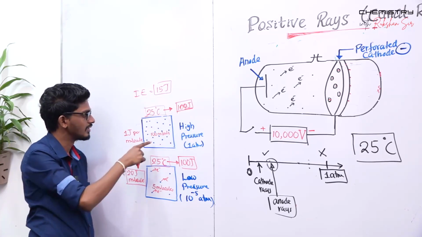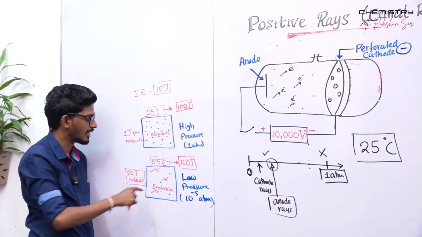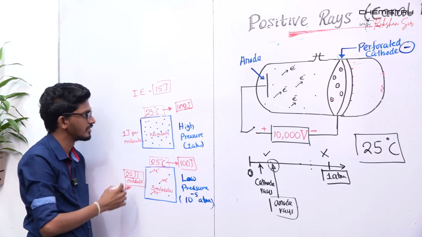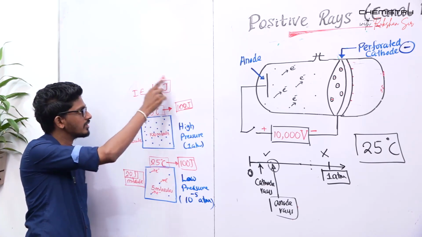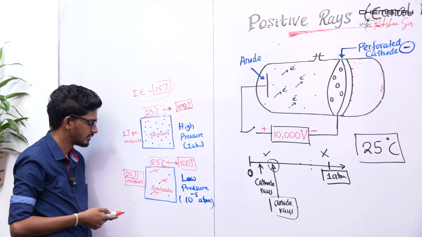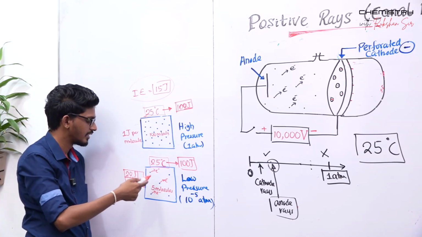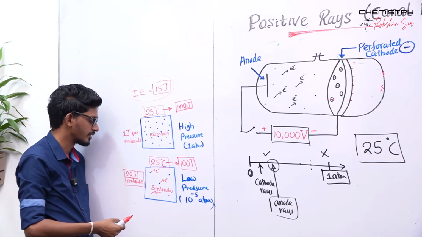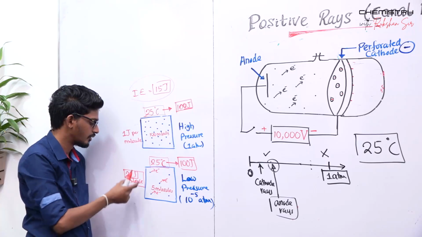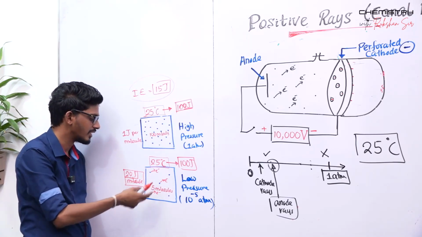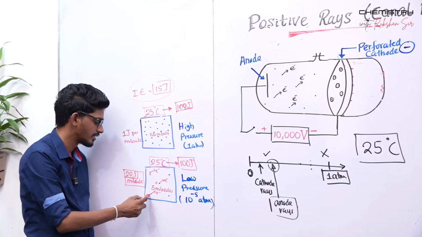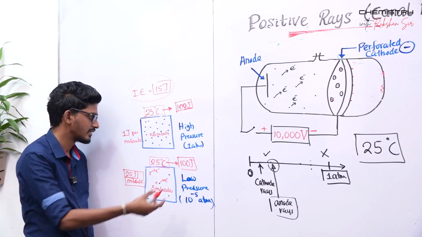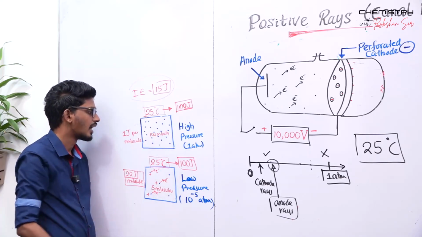That means here these gas molecules won't get ionized, but here those get ionized because you are providing more energy than the ionization energy. This is the minimum energy you need to ionize a gas particle. So the gas particles absorb 20 joules of energy and eject those electrons. That means we now have some positively charged gas particles in this kind of system with low pressures. But that won't happen with systems with high pressures.